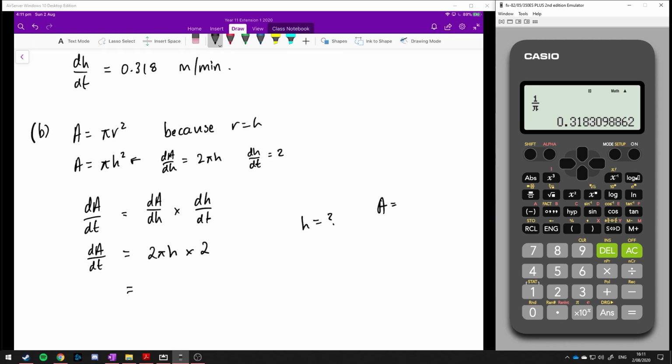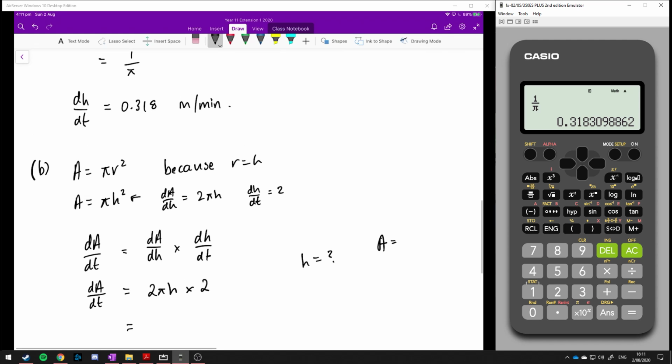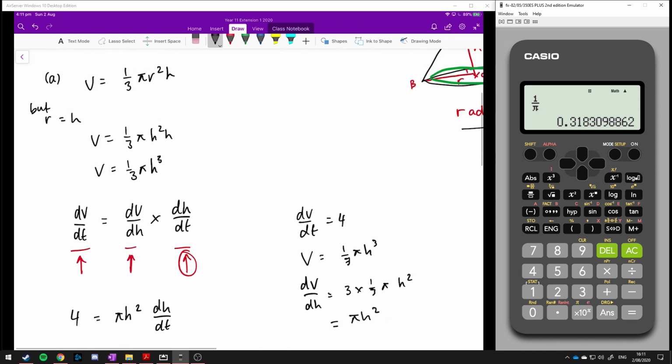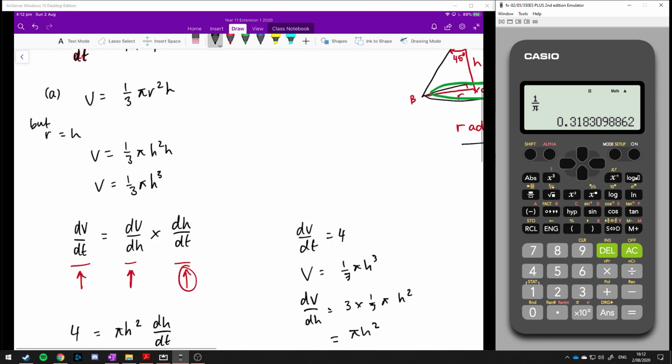And our area formula says, well, it needs to be equal to... no, let me think. Oh, we worked this out before in our previous question.